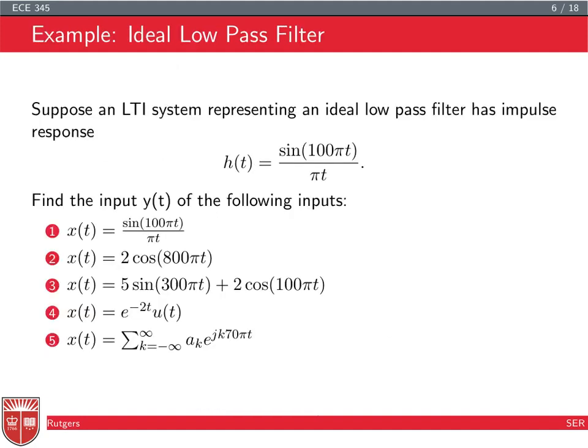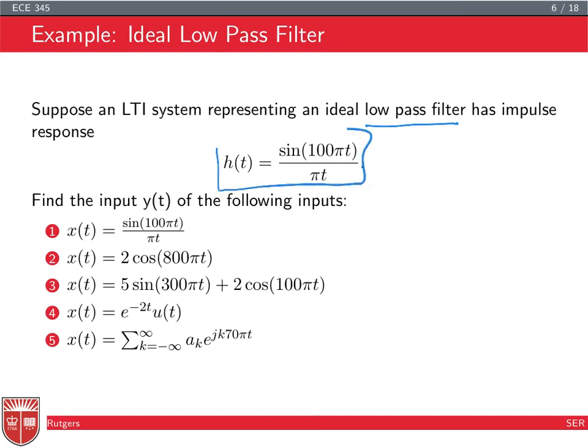I will highlight the application of the convolution property for continuous time signals through a running example. Here we have a low-pass filter with the following impulse response.